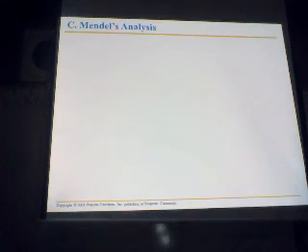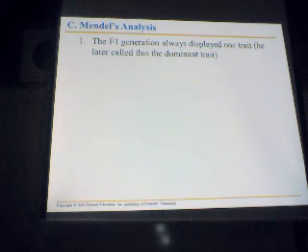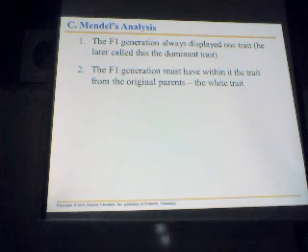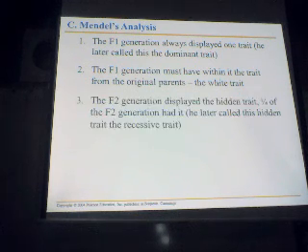So what Mendel figured out, in his analysis, stated that the F1 generation always displays only one trait. He started calling this one the dominant trait. The first generation must also have within it the trait from the original parents. That white trait must be there, it's just not seen. He then called that one the recessive trait. It's hidden.